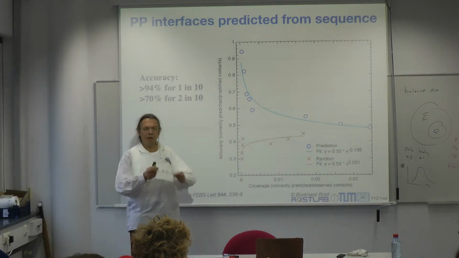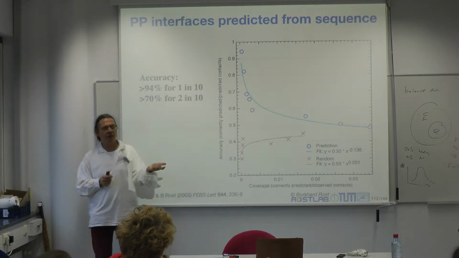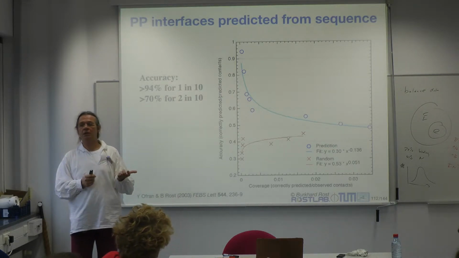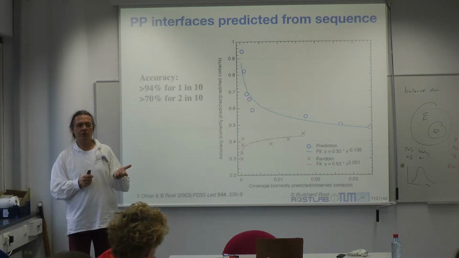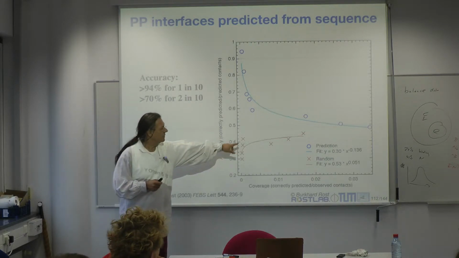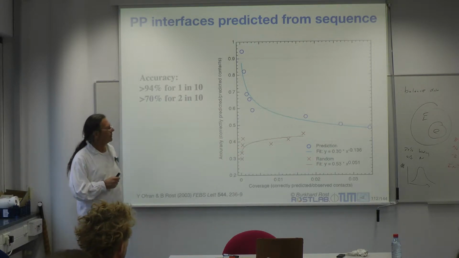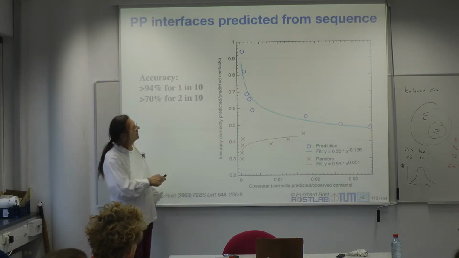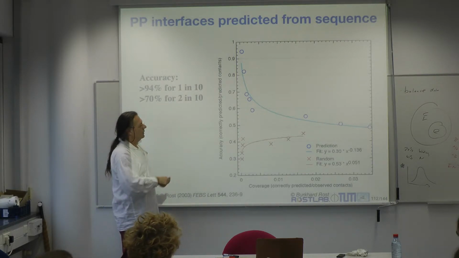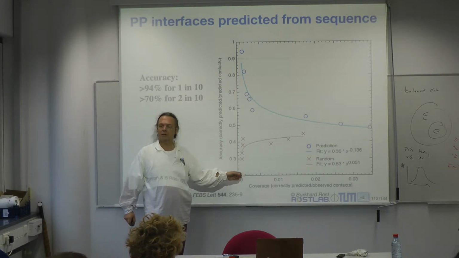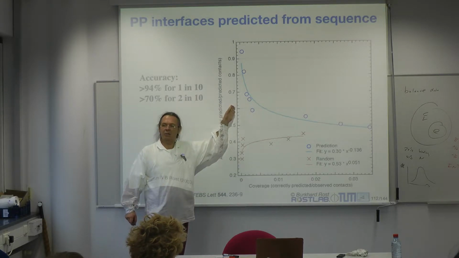For every single protein, I take the same number of residues predicted to be binding sites, and I just switch the labels randomly. That's the way the random is created here. And you clearly see that there's a realm for very, very few predictions where you're clearly away from random.